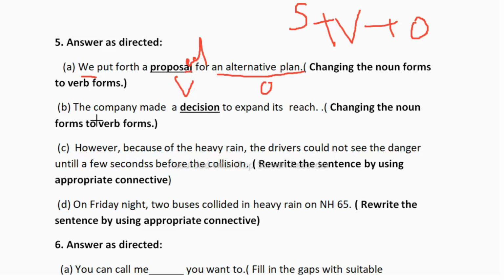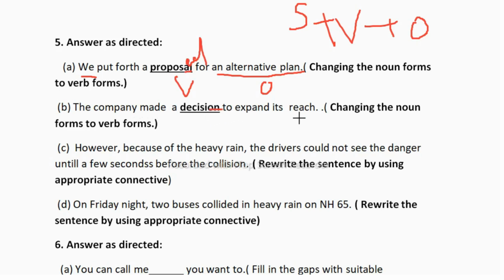So here, the company made a decision to expand its reach. Here again you have to change this noun form to verb form. This decision is in noun form, you have to change it into verb form. So the correct answer is, the company decided to expand its reach.